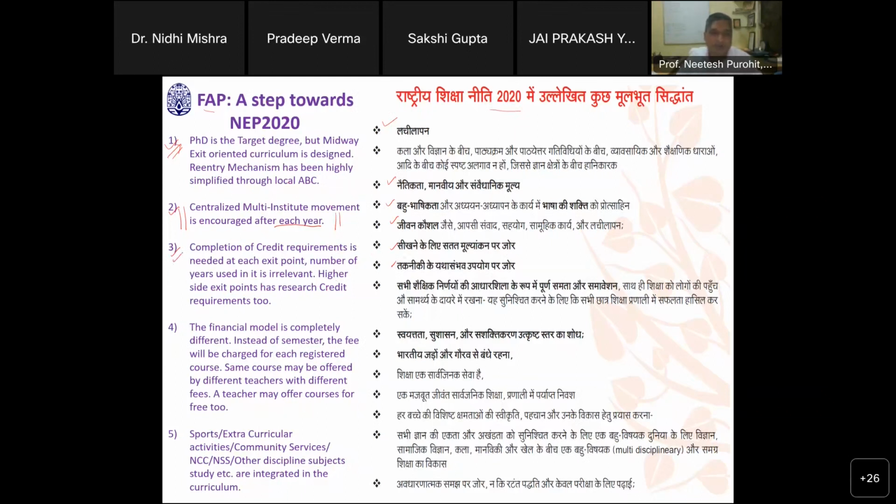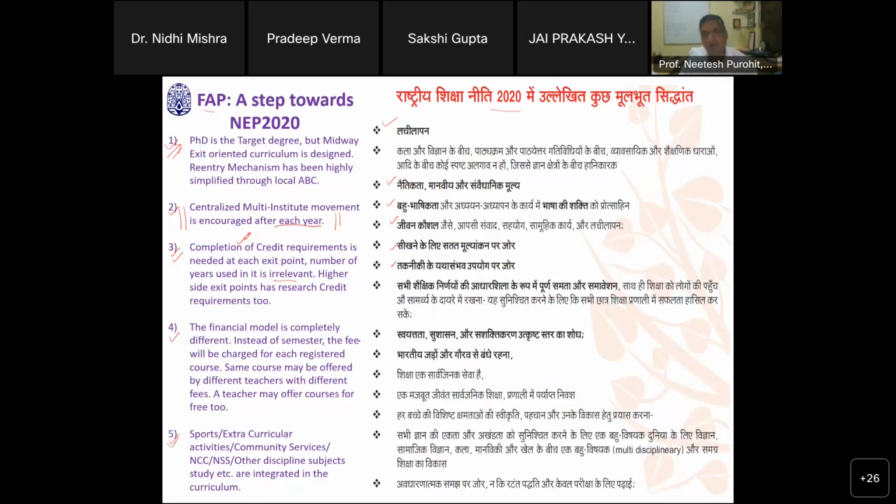This I have already explained, that the number of years is irrelevant now. It is the completion of the credits which is the primary requirement. And the financial model is completely different. The most important part is the integration of sports and extracurricular activities, which is also one of the primary focuses of NEP 2020.